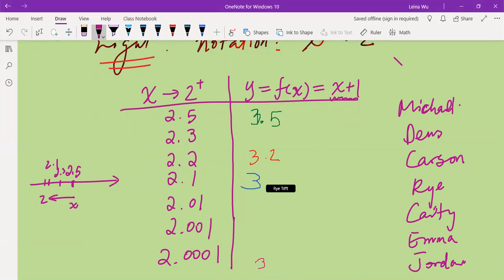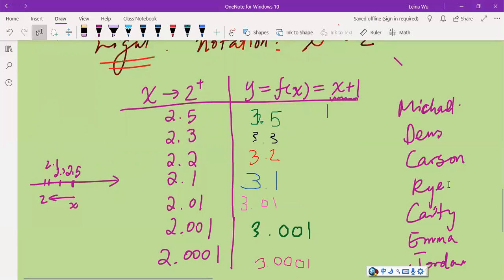Carson, I got yours. Keep going, guys. All right, let me see. 1, 2, 3, 4, 5, 6, 7. Great. So everybody has got your function value.